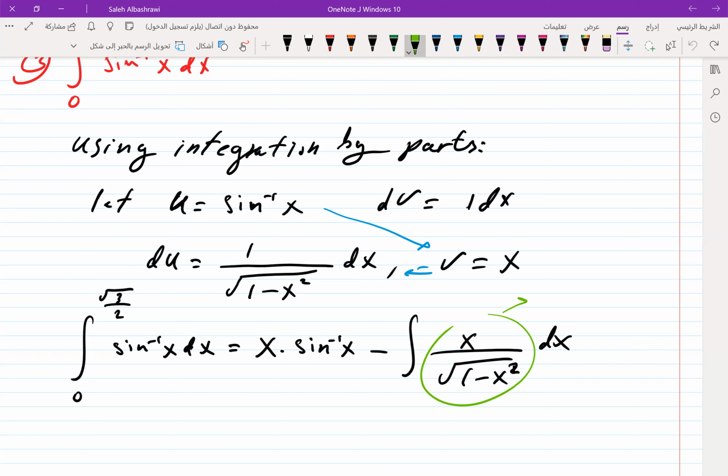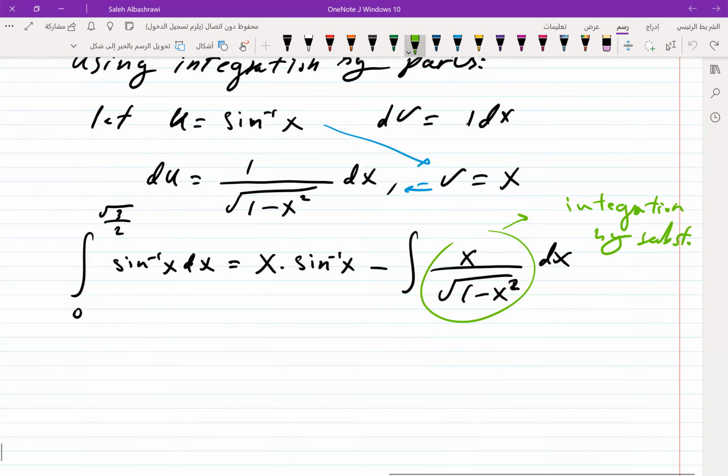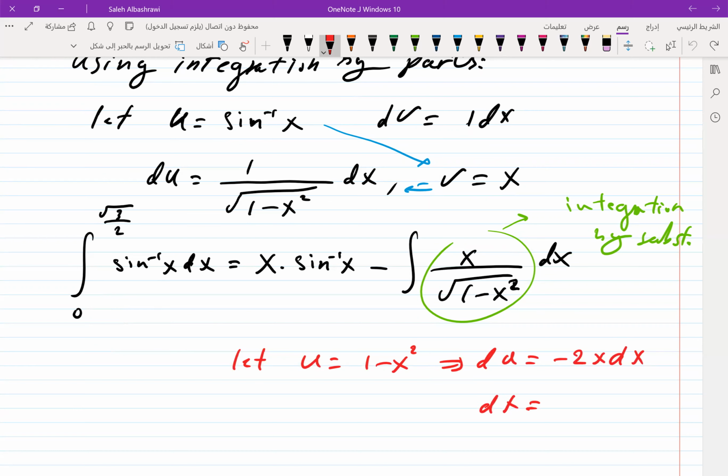This one can be done by integration by substitution. For the second part, let u equal to 1 minus x squared. So du will be minus 2x dx, or dx can be written as du divided by minus 2x.